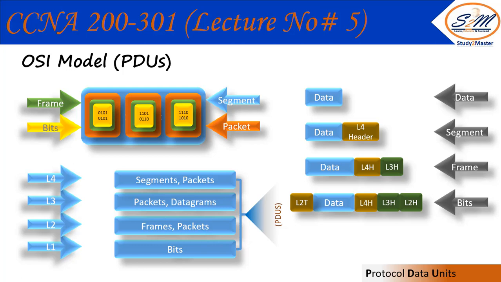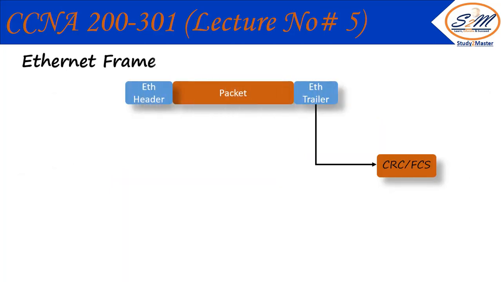Later the layer 4 header is added, and this is called a segment. Then the layer 3 header is added, and now it is called a packet. In the end, the layer 2 header and layer 2 trailer are added, and this combination is called a frame, which becomes bits. So the computer processes data with a combination of different layer headers. This combination of data and layer headers is called a PDU, or protocol data unit.